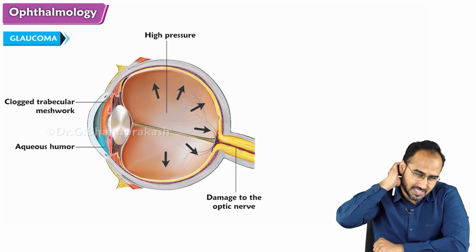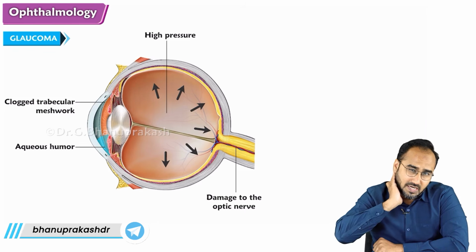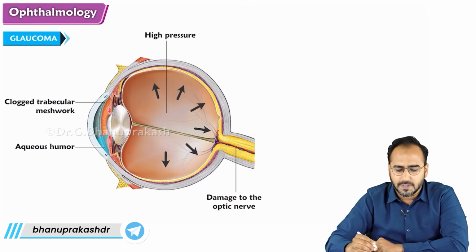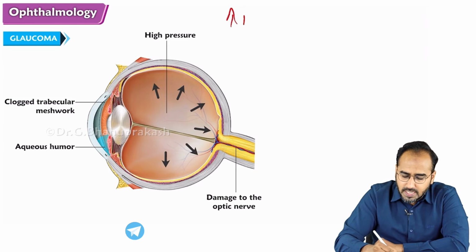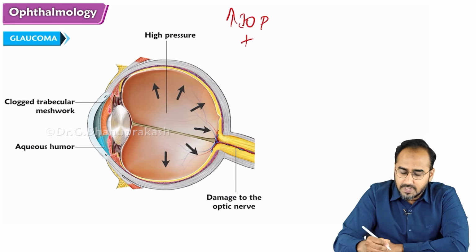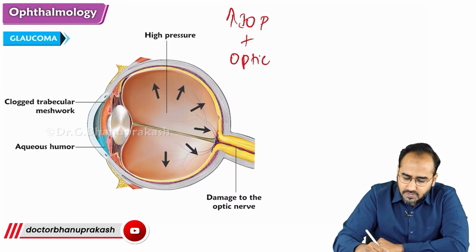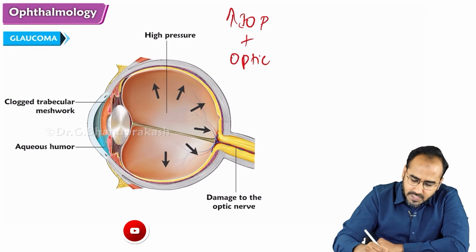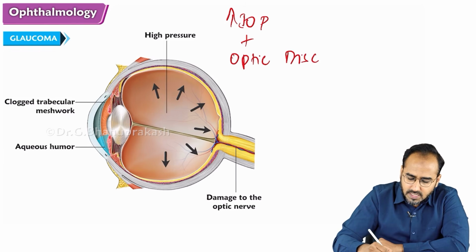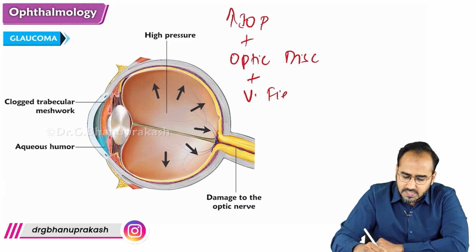I hope raised intraocular pressure comes to your mind. But raised intraocular pressure by itself is just not glaucoma. Glaucoma means raised intraocular pressure which causes damage to the optic disc, not nerve, and due to the damage, the patient will have visual field defects.